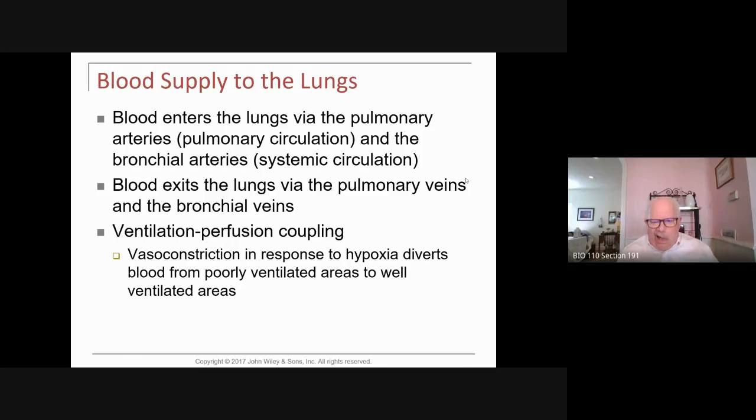The lungs are very different from the cardiovascular system.